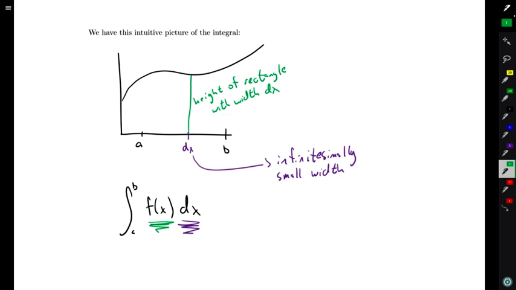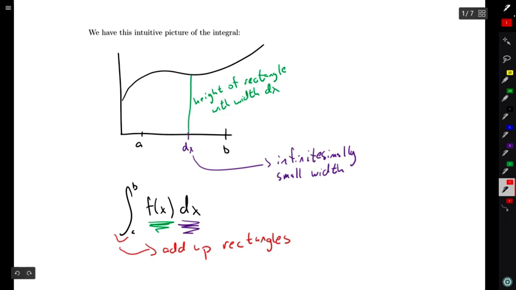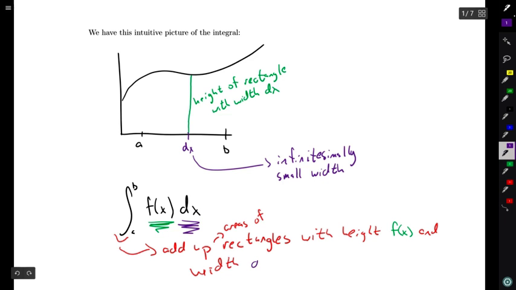So then what the integral sign is telling us to do is to add up all of these rectangles, or all of the areas of these rectangles. So we're adding up the areas of these rectangles with height f of x and width dx.